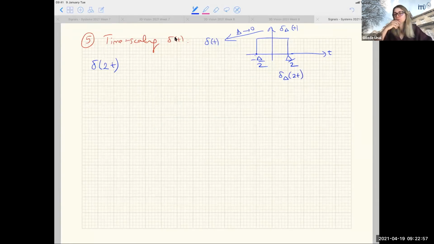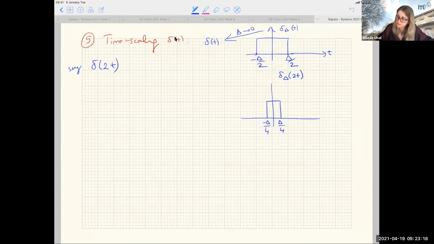Remember, this would compress the signal, right? Time scaling means, let's say, I'm looking at this guy, this would really compress it. So it would be really, right, minus delta over 4, delta over 4.